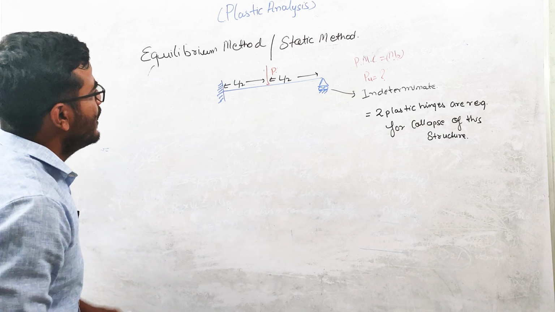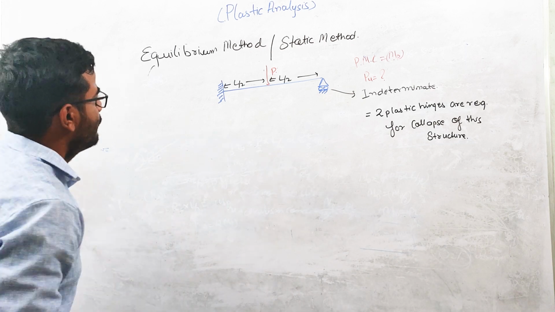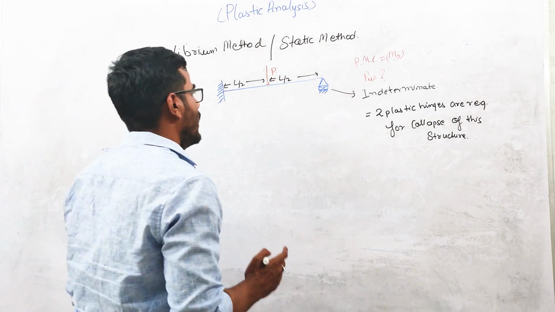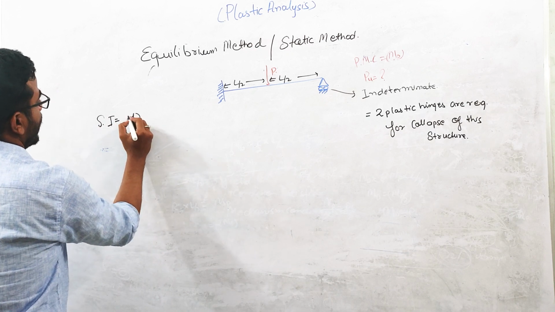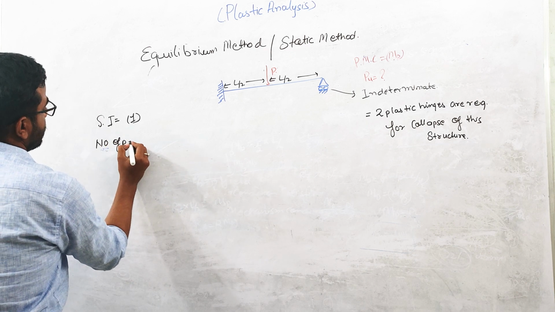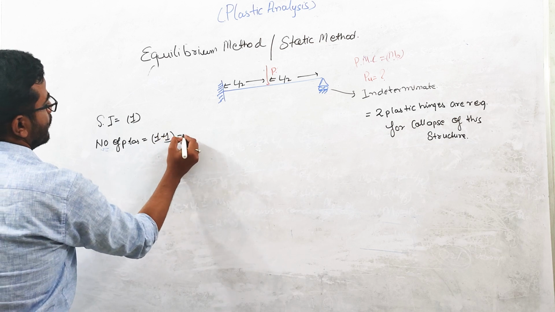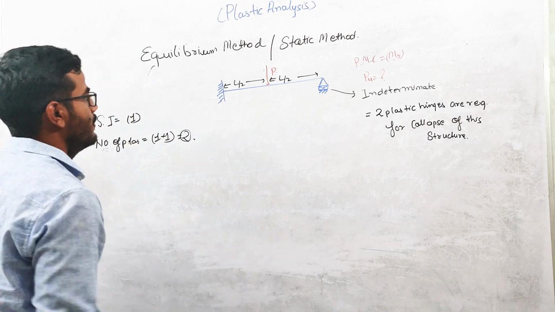So we have an idea where the plastic hinges will form. First we need to take some redundant, because the static indeterminacy of this beam is 1, and the number of plastic hinges required for collapse equals 1 plus 1. So that's why it is 2.